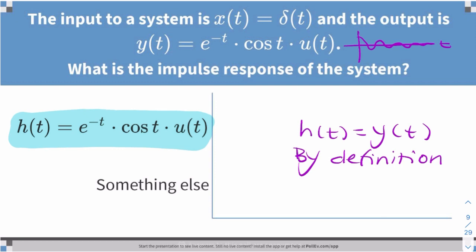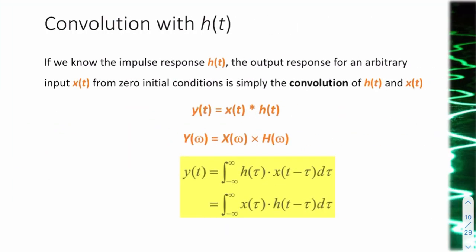Okay, so now we're going to start looking at the same idea in a few different ways. We're going to look at some properties. But first of all, let's look at it in the frequency domain. Remember a few slides ago I said that to find the output for any arbitrary input x of t, you need to carry out the convolution of x of t with h of t. Well, convolution in the time domain, what does that correspond to in the frequency domain? It's simply multiplication.